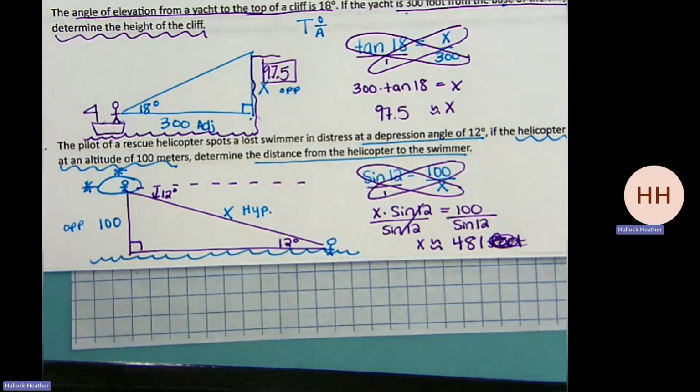So flip your paper, try number 3. Maybe start underlining your important information.